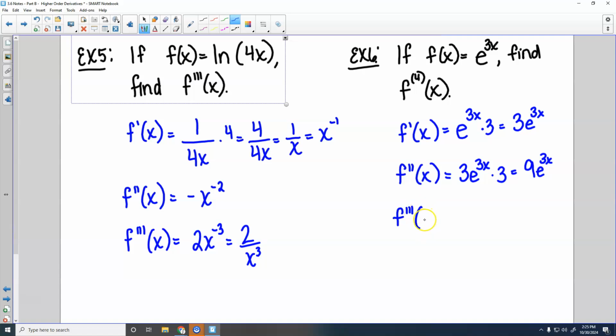Do you have to use quotient rule on number 5? Probably not. Your life will be so much easier if you do not. It's not a super difficult quotient rule, but what is 1 over x? How else could you write it? X to the negative 1, and it will be much easier.